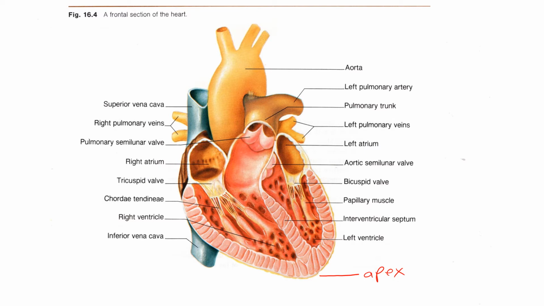Other structures that we're looking at here. As we're looking internally, it starts to show some of the valves, and let's start tracing how blood comes in. So blood comes in through the superior vena cava. It comes in through the inferior vena cava, and it collects in here in the right atrium. So I'm going to put a 2 there. That's kind of the second structure besides the vena cavas, which would be number 1s.